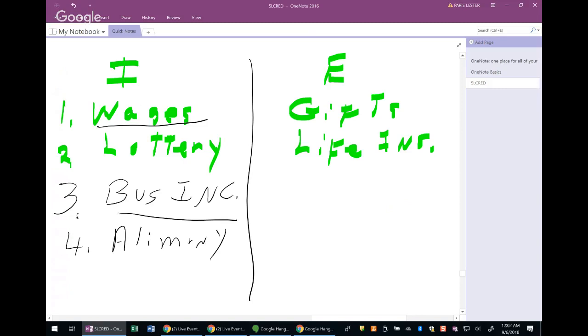Cole, can you think of what? Certain scholarships are excluded. All right, scholarships. But there's a whole list of those, is what I'm trying to get at.